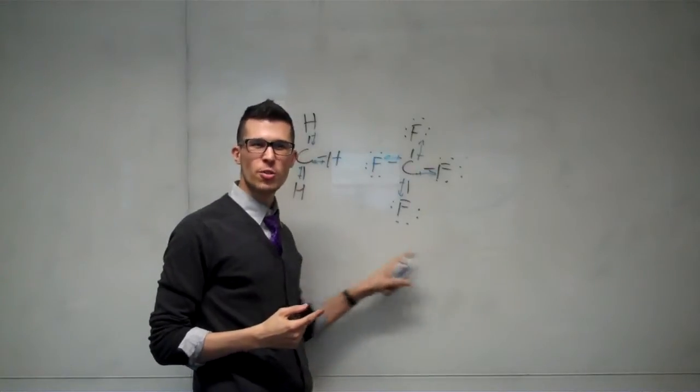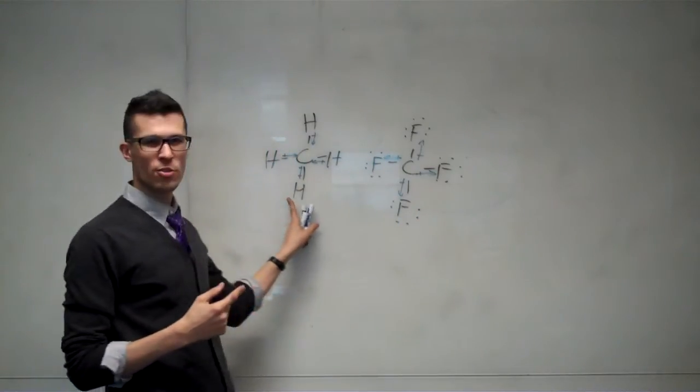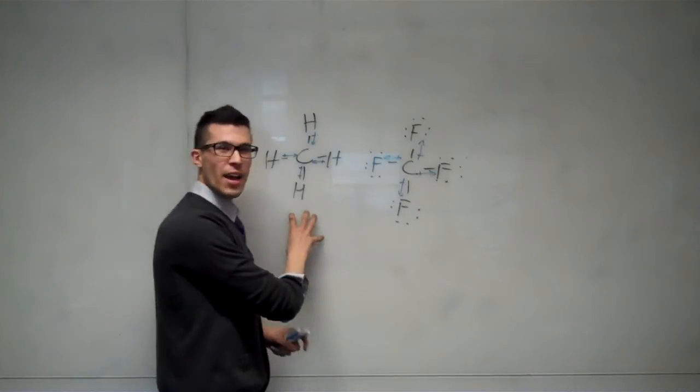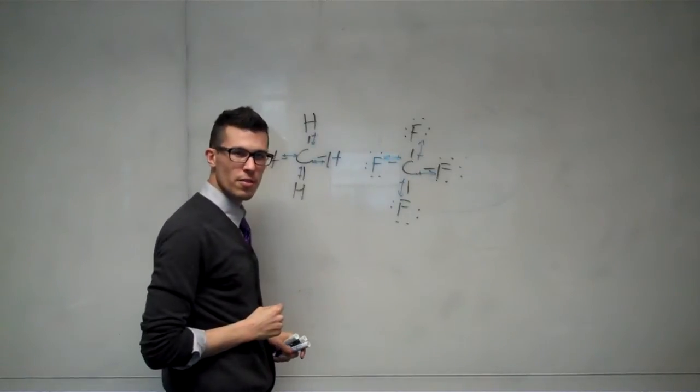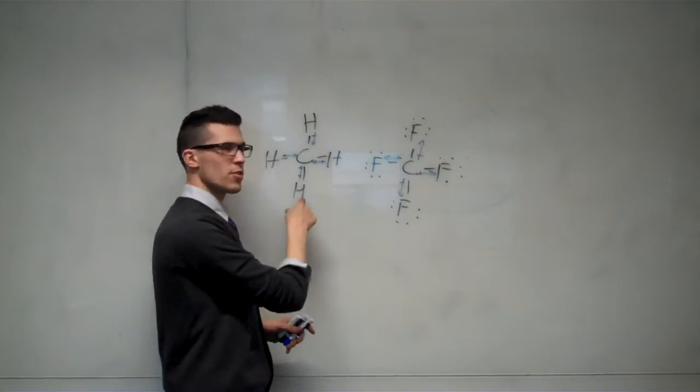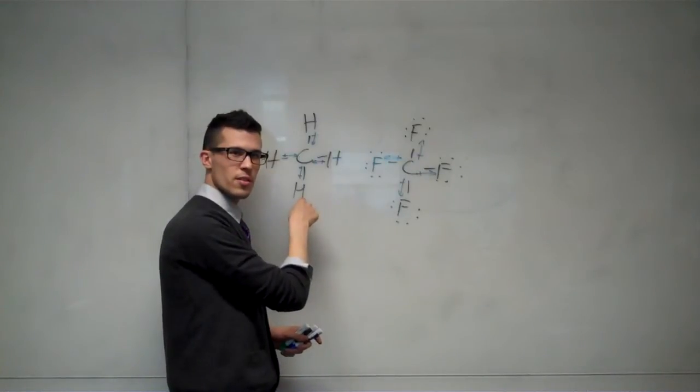In a sense, it'd be like shielding it from the nucleus. Here you only have one electron, so it'd be easier for other passing atoms to be attracted to it. Oh, because it's got a smaller radius. Yeah, this one has a smaller radius. This one has a larger radius, actually.